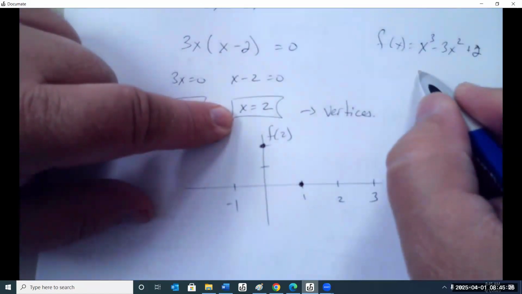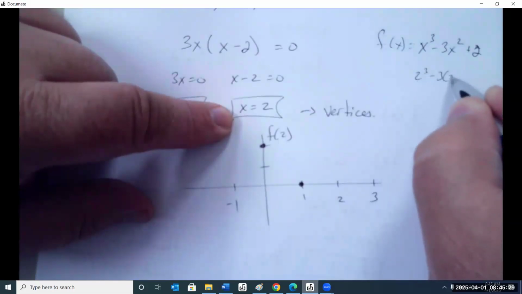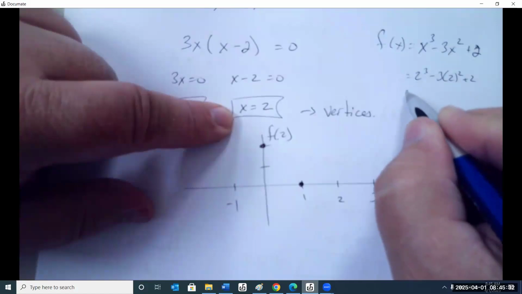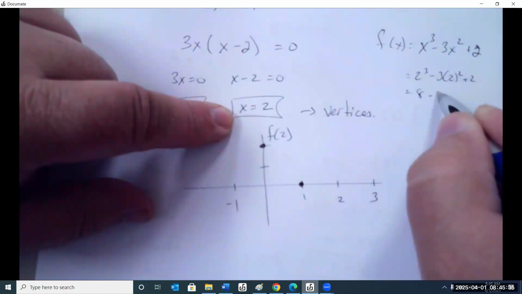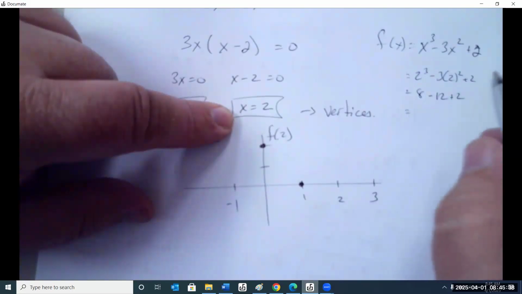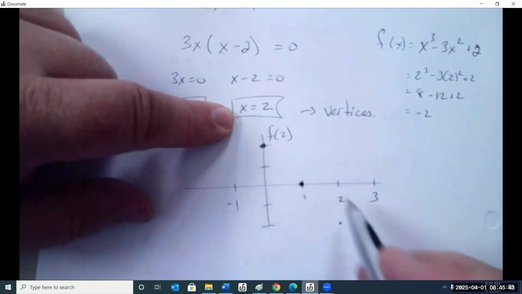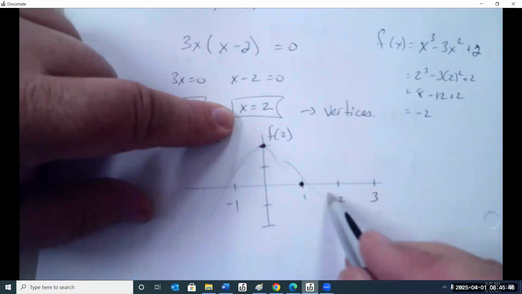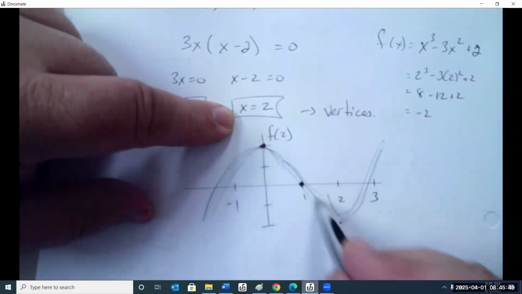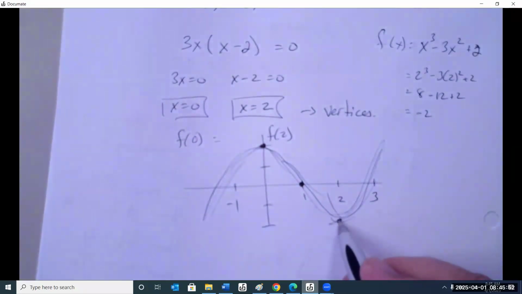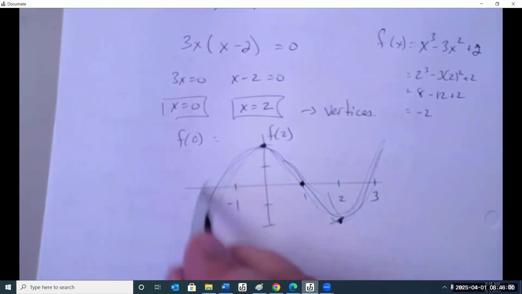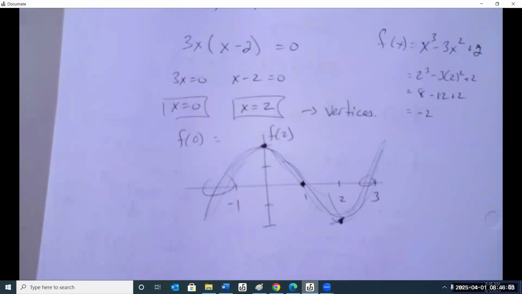When x is 2, we have 2 cubed minus 3 times 2 squared plus 2. 8 minus 12 plus 2 makes it negative 2. So it looks something like this. And then we find the other intercepts and we're done. We find the intercepts from the original function.